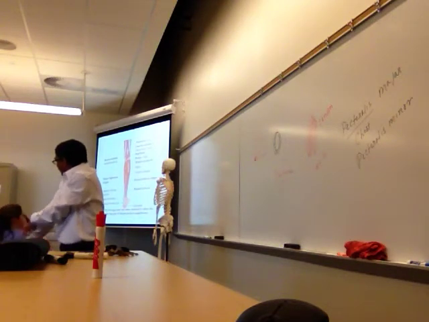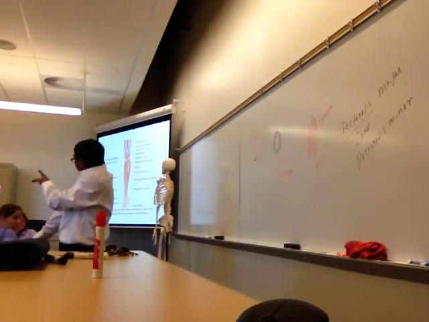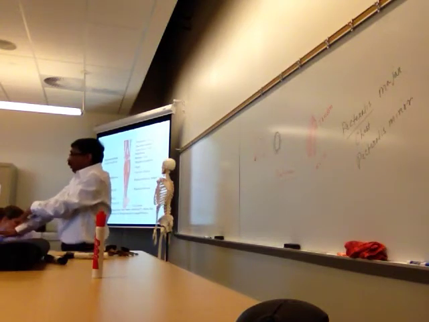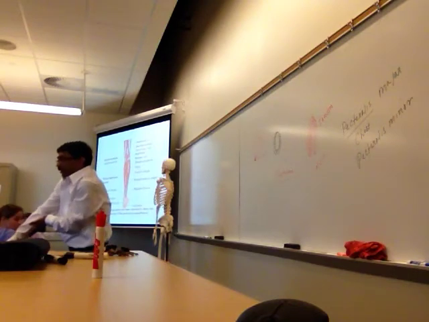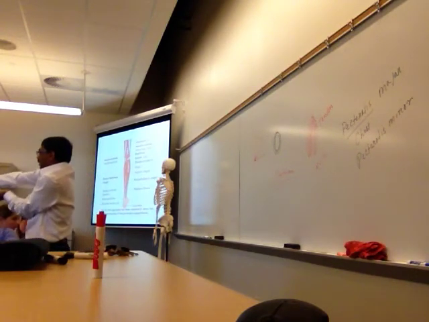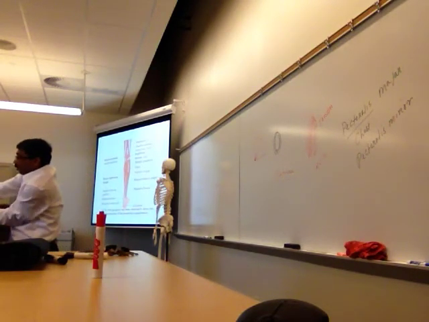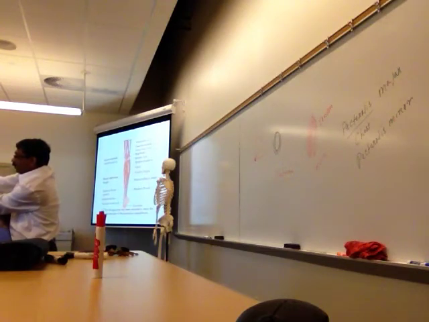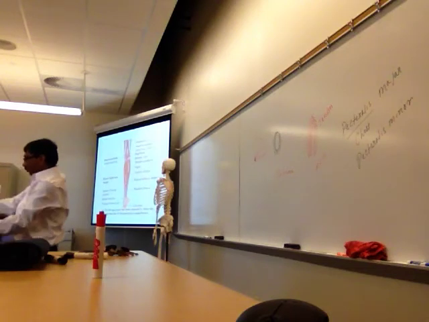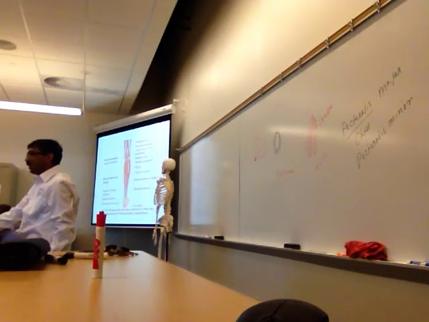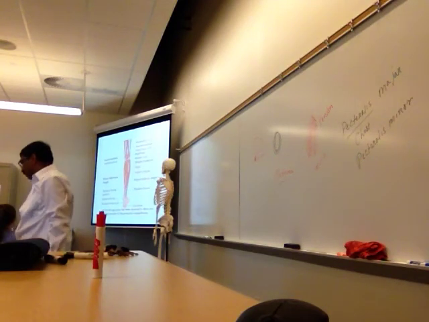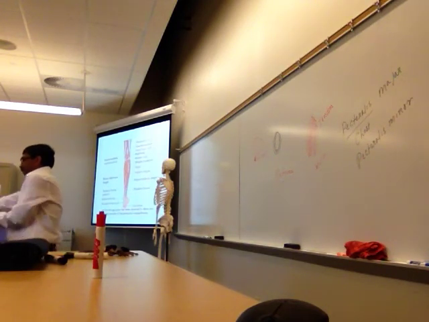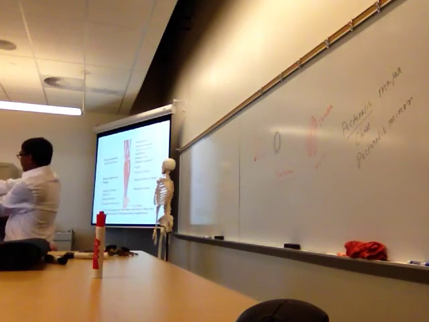This is extension, right? So anterior leg muscles will do the extension. And posterior leg muscles, see here, this is the back of your leg going down and getting attached here, and will do what? Flexion. So the muscles going down from the front cause extension, and the muscles going from the back cause flexion.